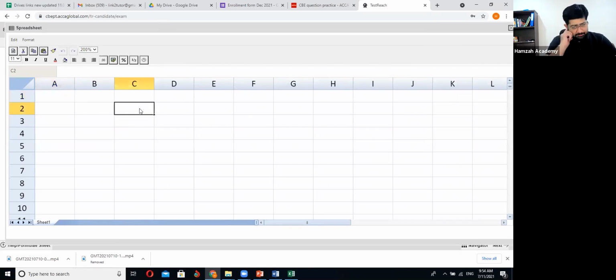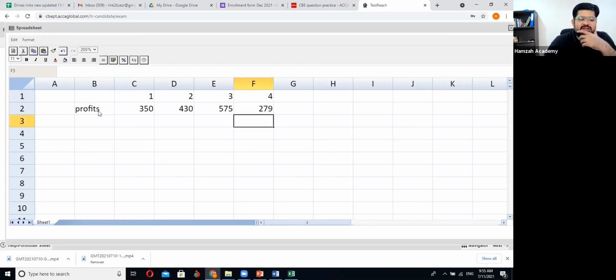So for example, we are doing accounting rate of return, and we said it is profits based. A project which has the following profits. For example, these are the estimated profits of the project.